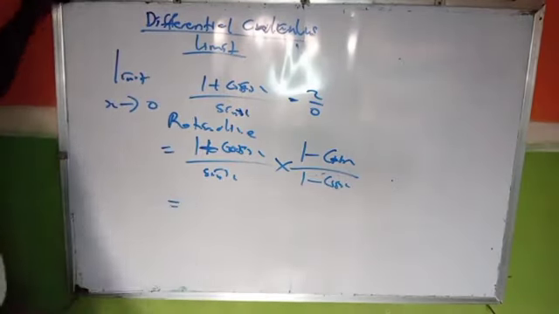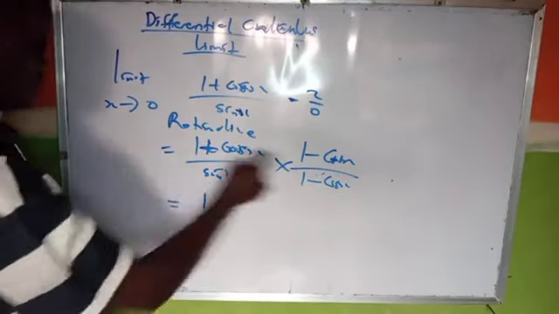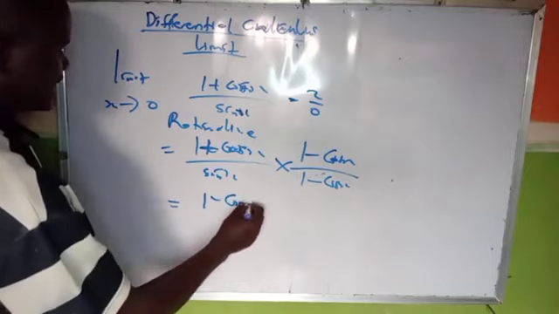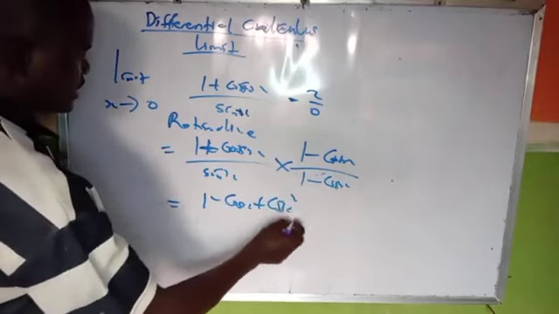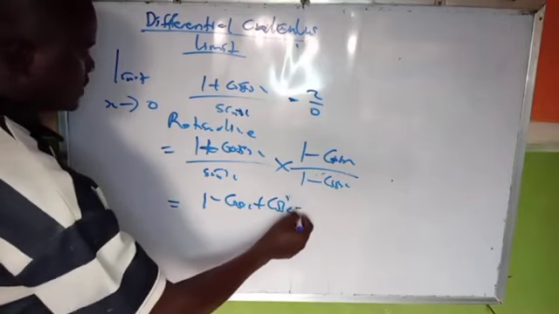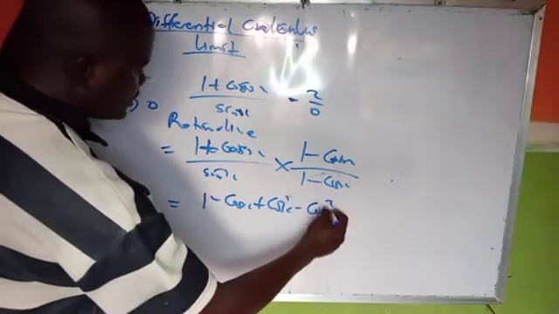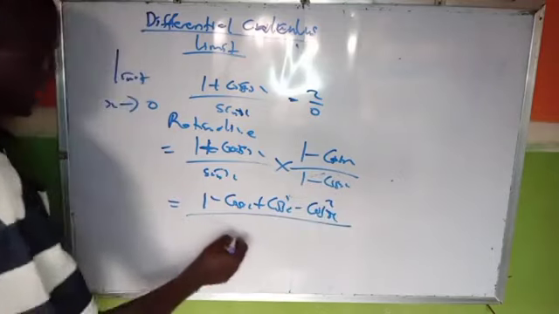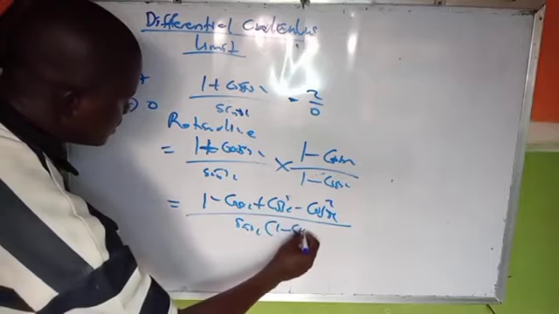So if you say this times this, you are going to have this. This multiplied by this, you are going to have cos x. This multiplied by this, you are going to have cos x also. Then this multiplied by this, cos x multiplied by that, you have cos square x minus sine x into bracket cos x.